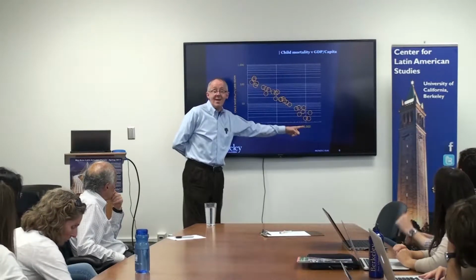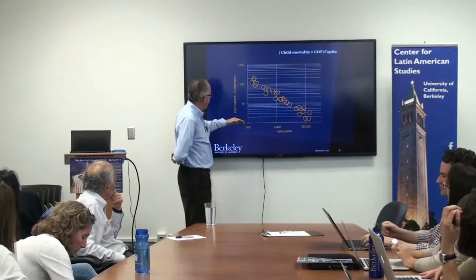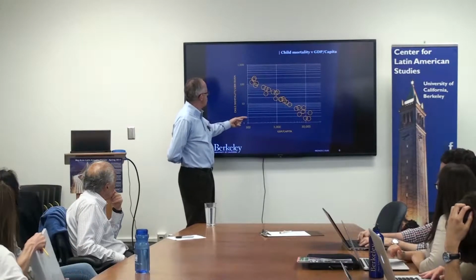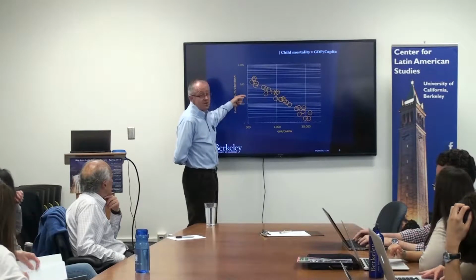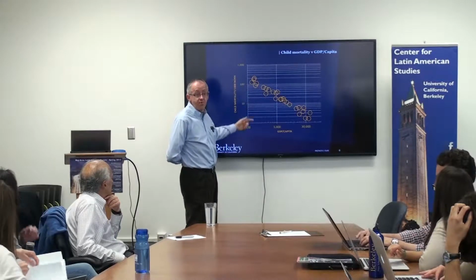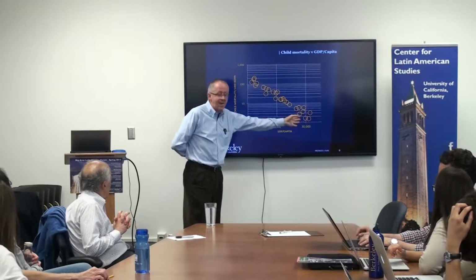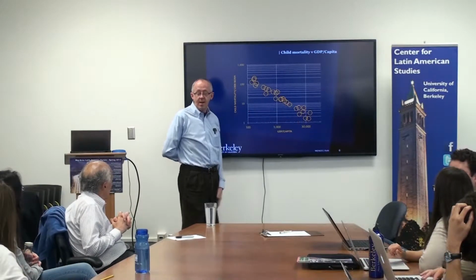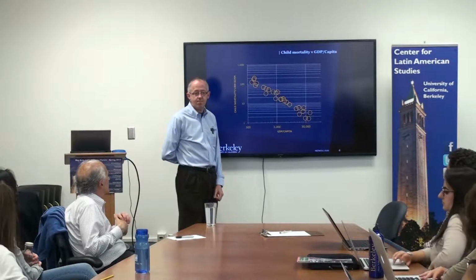So 2 orders of magnitude difference between the poor countries and the rich countries. Okay? And here you go from 2 kids who die for every 1,000 to 20 to 200. So you have 2 orders of magnitude of difference in child mortality under 5 and 2 orders of magnitude of difference in income, with a strong relationship, as you saw in the real data just a minute ago, right?